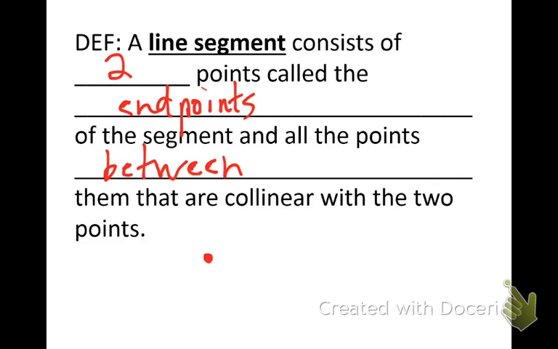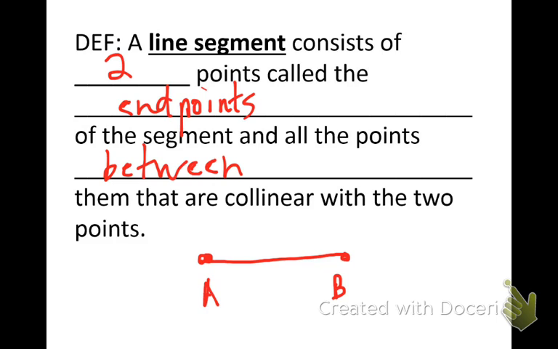So here is a line segment, AB. That is not a line. That is a line segment. So in this course, when you see that, don't call it a line. You think of that as a line, but it's a line segment. Okay? A line segment is what this is going to be in this course.